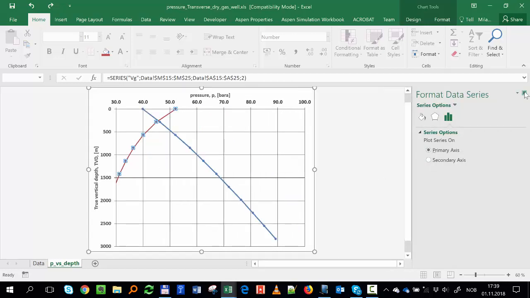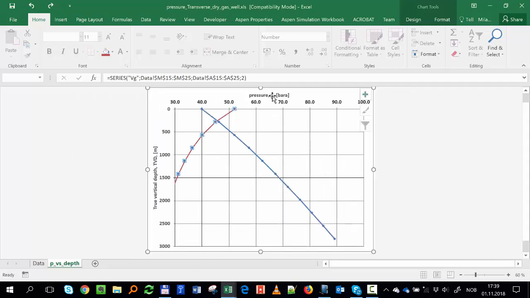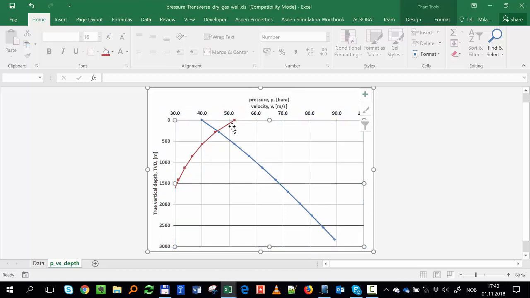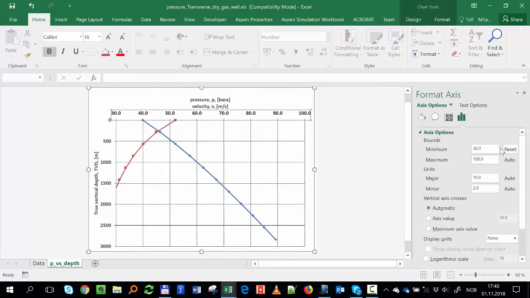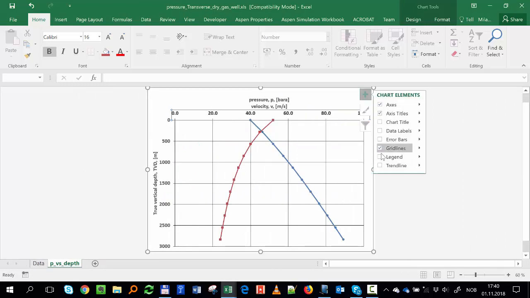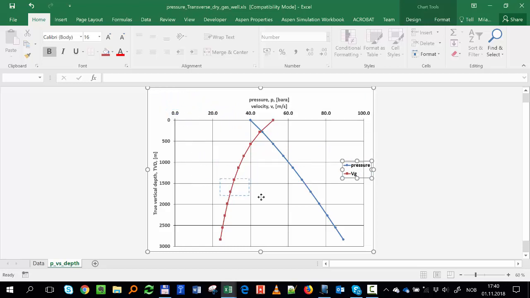No. So let's just change, instead of pressure, that will be velocity, V in meters per second. Because now the scale will also be velocity, and I also want to show values lower than 30. And let me add the legend, to know exactly what we are plotting.